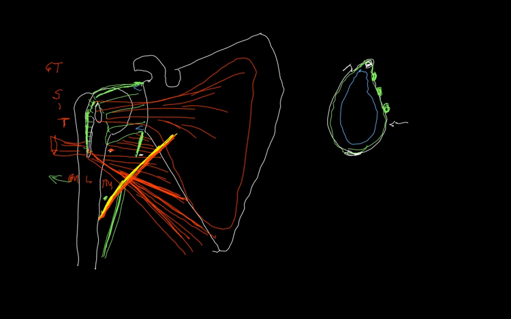the axillary nerve and the posterior circumflex humeral artery. And that axillary nerve circles round the surgical neck of humerus, supplies the teres minor and supplies the deltoid.